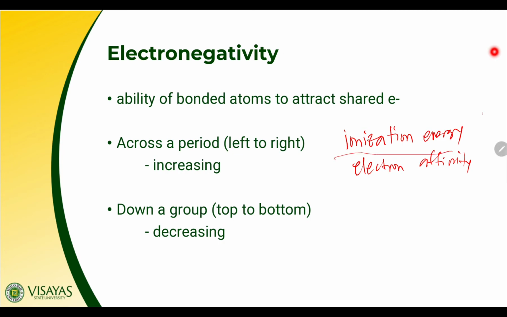Ionization energy increases from left to right as well as electron affinity, which means that as we go from left to right, it would be hard to remove the electron from the atom, and the atom has a larger tendency to accept an electron because our electron affinity increases. Because of that, the atom also has a larger ability to attract the shared electrons in a bond.